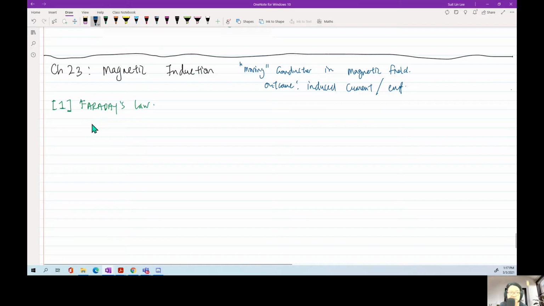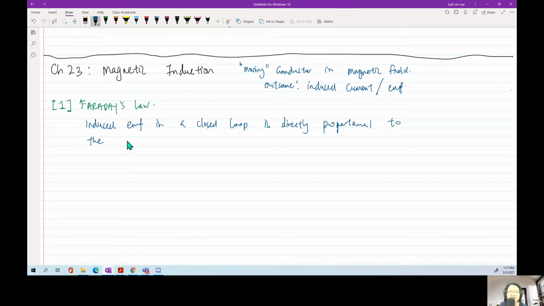Faraday's law says that the induced EMF in a closed loop is directly proportional to the rate of change of magnetic flux linkage. You're right, magnetic flux is also good enough. So magnetic flux linkage, the symbol is phi.